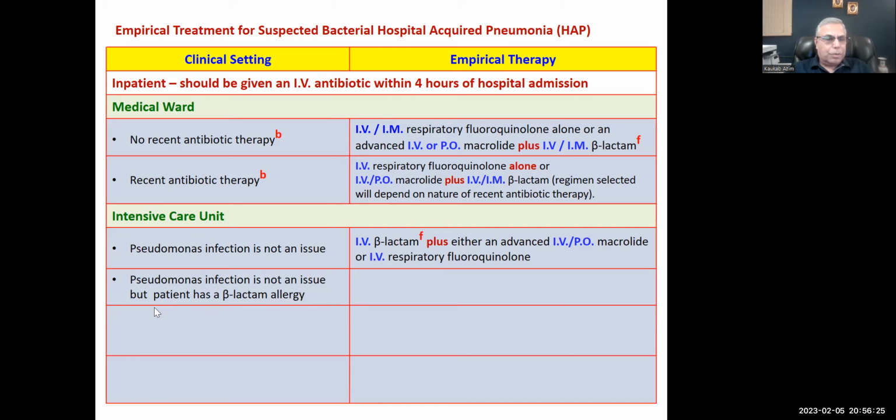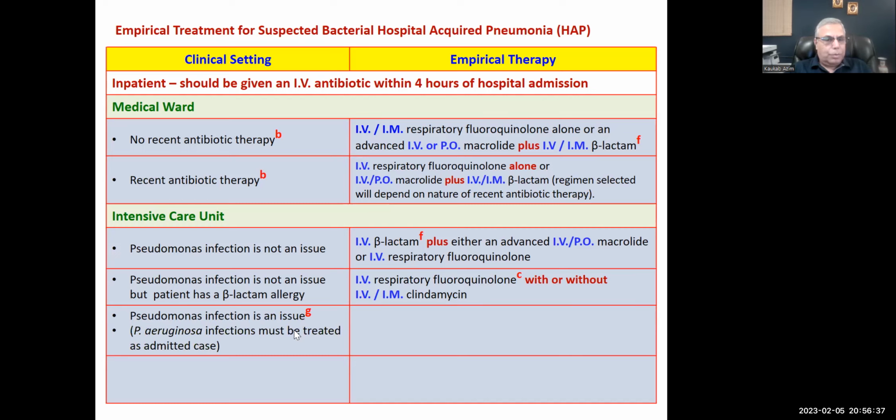Pseudomonas infection is not an issue, but the patient has allergy to beta-lactam, right? Then again, it is fluoroquinolones and clindamycin. No new drugs, same as previous. Now, Pseudomonas infection is an issue, right? Pseudomonas infections must be treated as admitted cases. Anti-pseudomonal beta-lactams plus IV aminoglycoside.